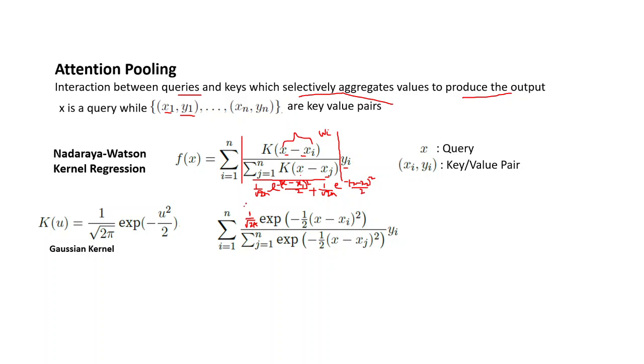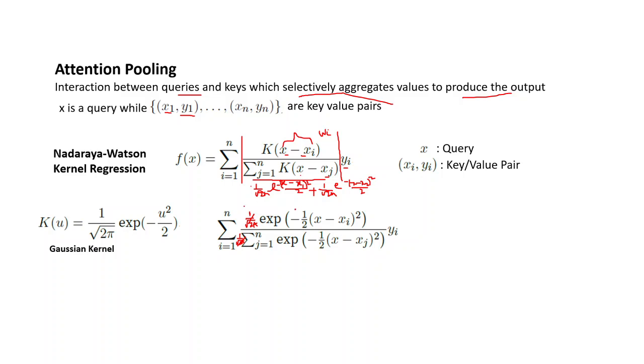So you can actually take this 1 by root over 2 pi outside the summation, and now this and this get cancelled out, and this is what you're getting, exponential minus half x minus xj whole square.